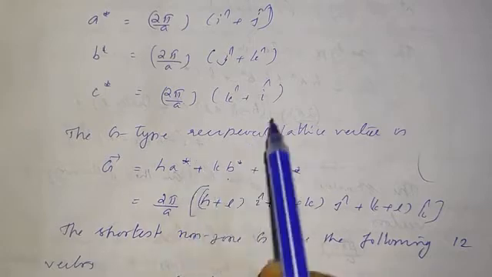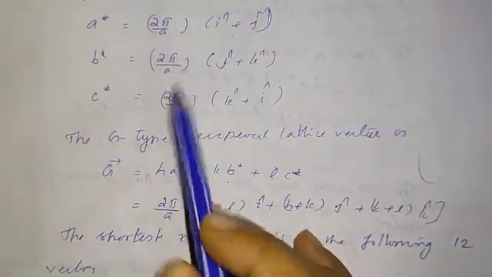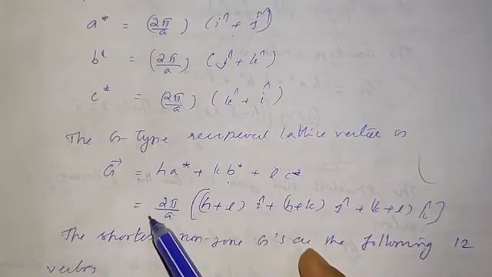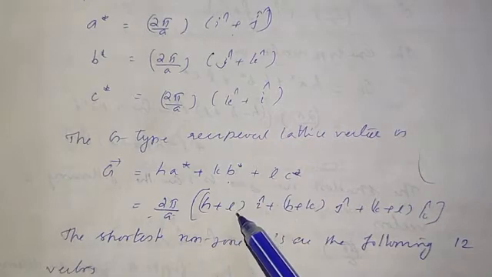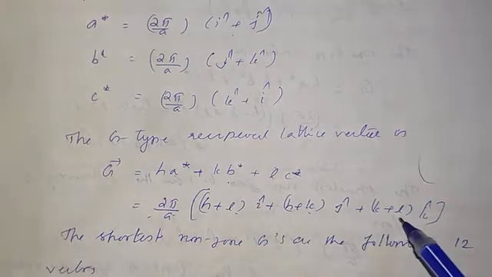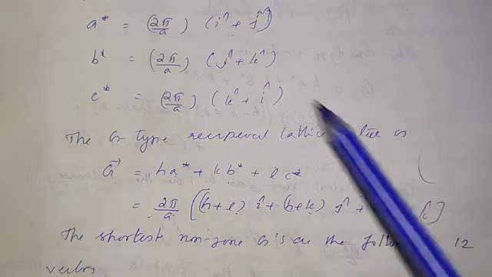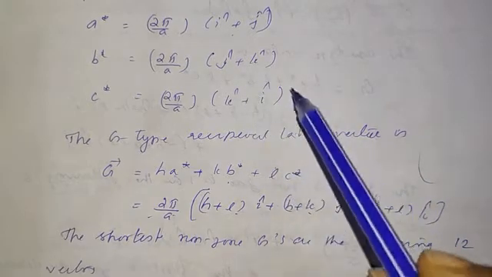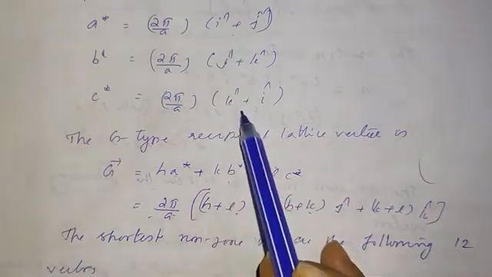So what we are doing is we are writing here the A vector, where 2 pi by A is common in all three vectors, so we can keep this outside the bracket, and I plus J in the first term, J plus K, and K plus I in the last term.